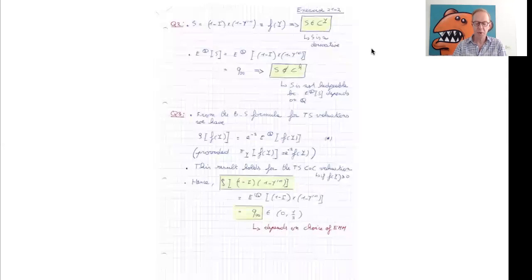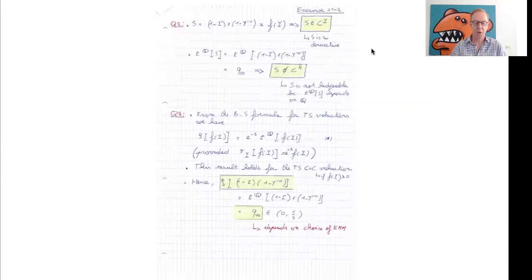Now, this result, this condition here, holds for two-step cost of capital valuations if Fy is larger than or equal to 0. We have seen that for two-step cost of capital valuations this condition holds, so that means that this formula must hold.